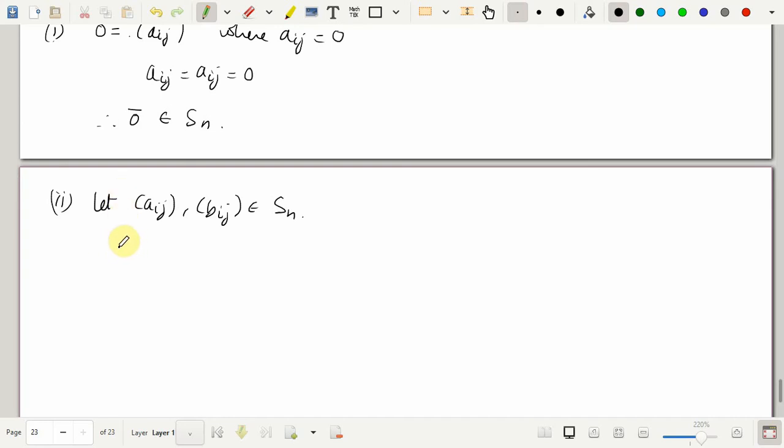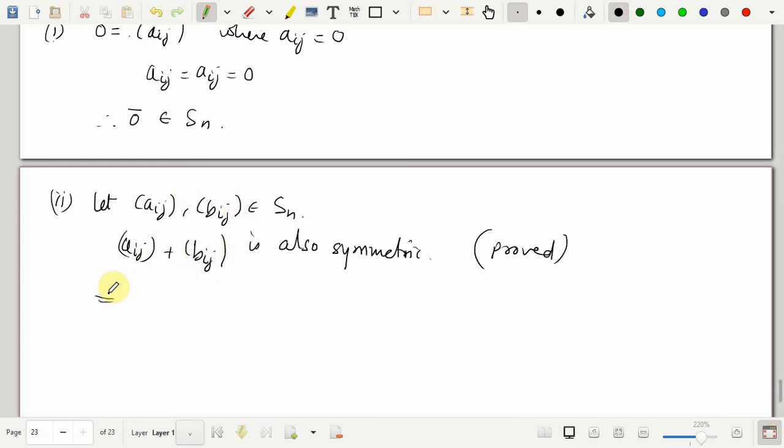This is proved in the course of matrix algebra. If Aij and Bij are symmetric, then Aij plus Bij is also symmetric, which means that Aij plus Bij is an element of Sn. So by this we prove that if I take any elements of Sn, their sum will also be an element of Sn.